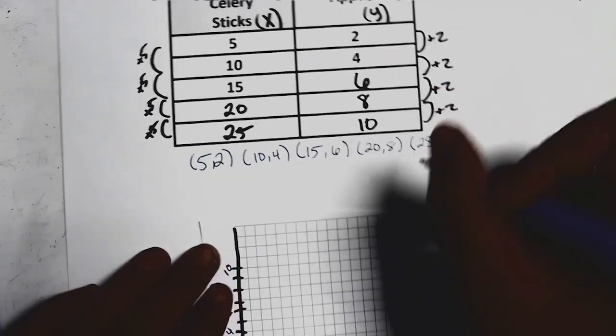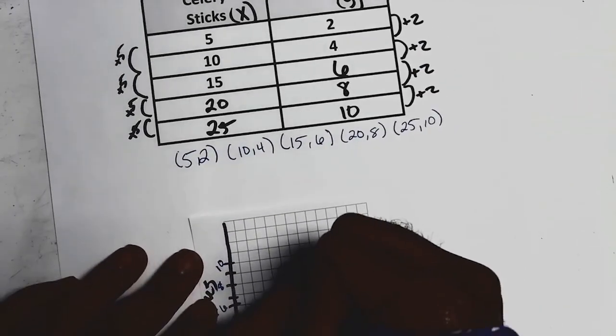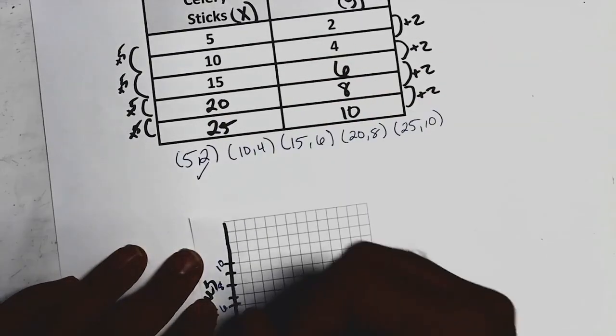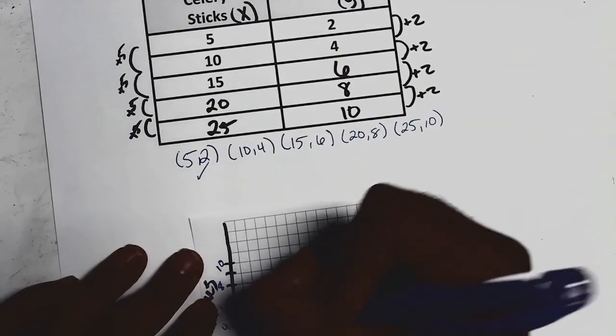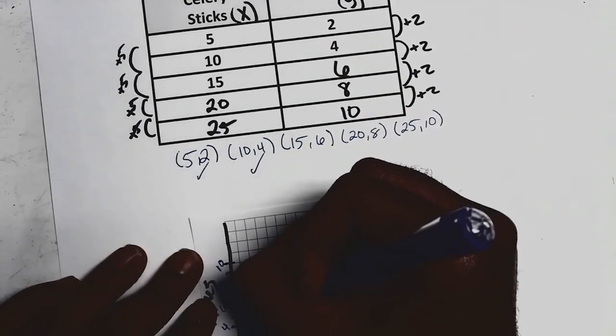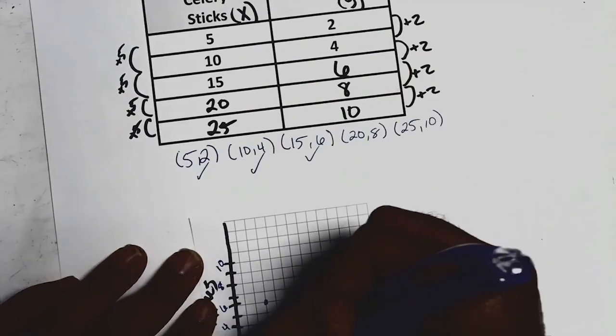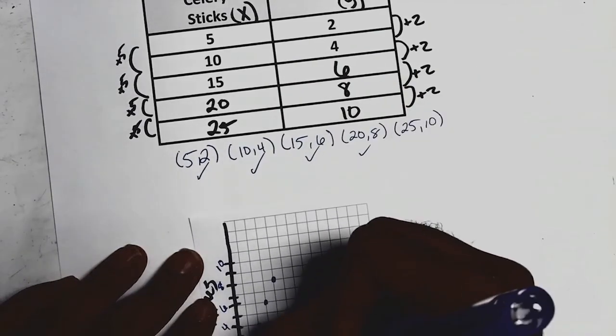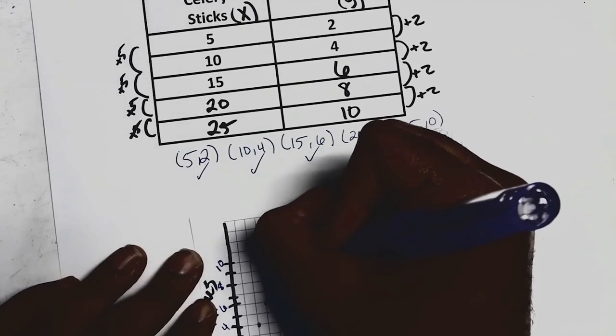So let's start plotting them. So my first point, 5, 2. Go over to 5, up to 2. My dot. 10, 4. 15, 6. 20, 8. And 25, 10.